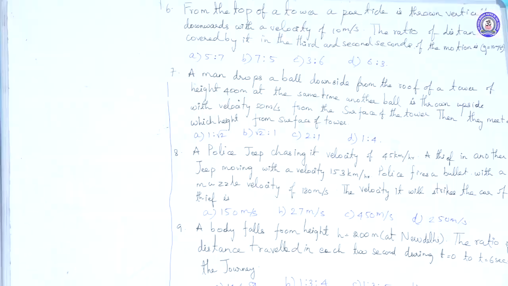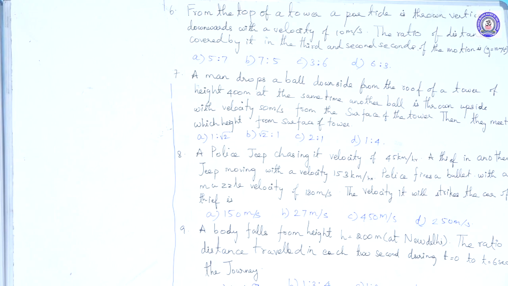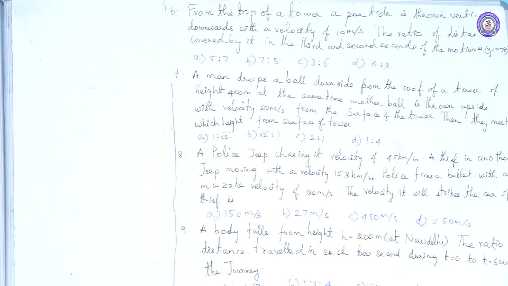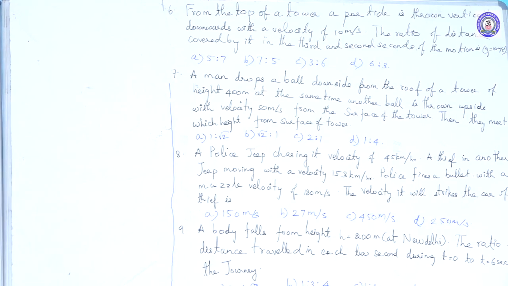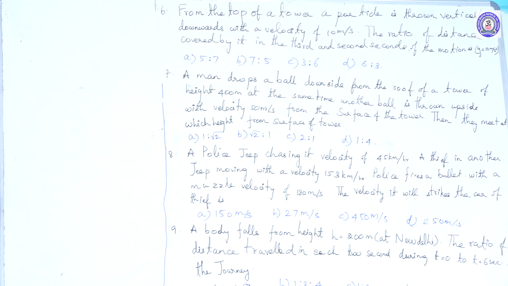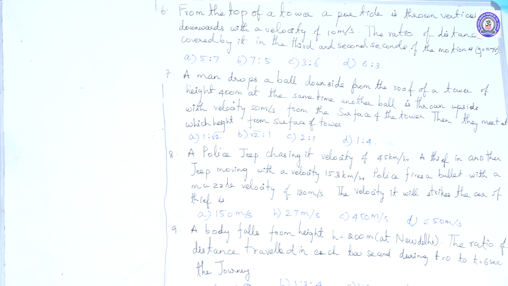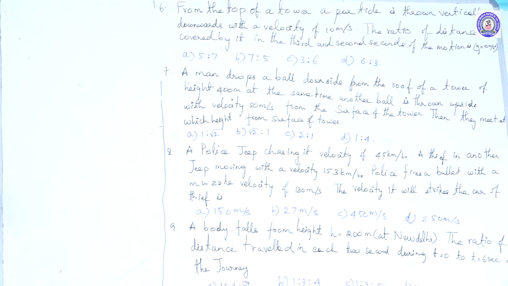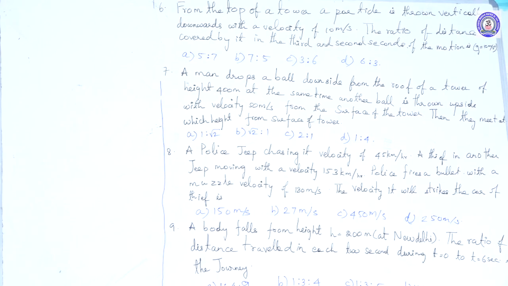Number 6. From the top of a tower, a particle is thrown vertically downwards with a velocity of 10 meters per second. I already told you there is a difference between dropped and thrown. When an object is dropped, its initial velocity is 0. When an object is thrown, you are giving some velocity so that it moves in the downward direction.